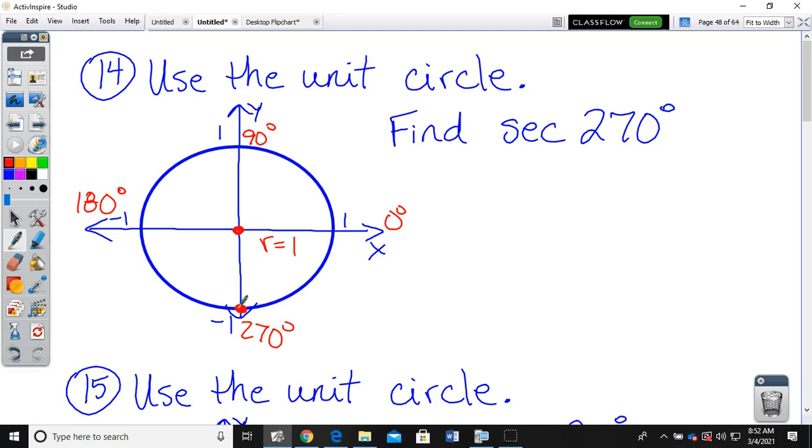What are its coordinates? 0, -1. We don't go left or right, and we go down 1. So this is x, this is y. You are forced to use the unit circle on this because you can't make a triangle with the x-axis from here. So I'm going to write them up here just real quick.